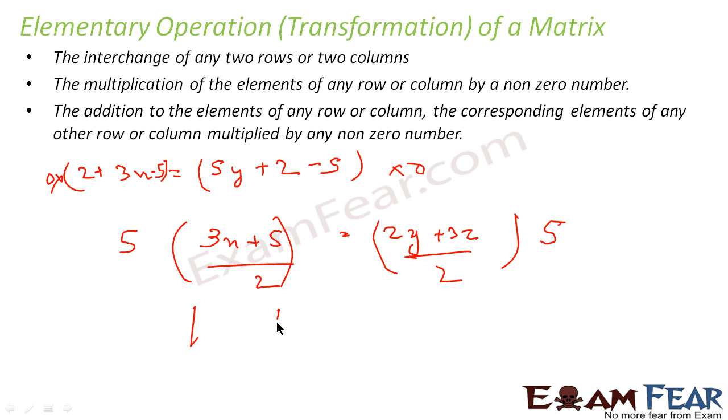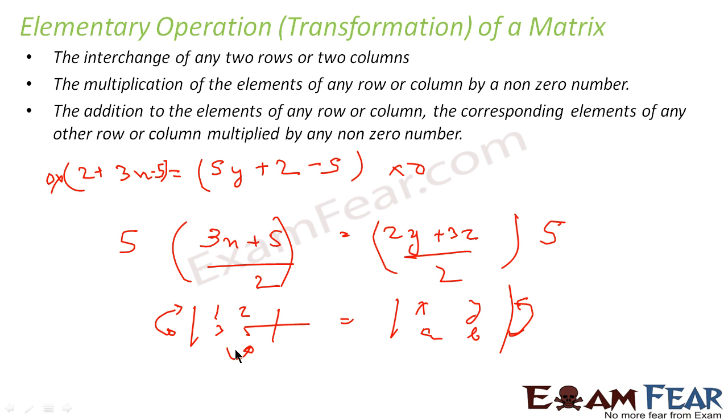Similarly, for matrices, suppose I have a matrix A equal to some other matrix with variables. When I say interchange two rows or two columns, if I interchange two rows here, I can interchange the same two rows on the other side, and the equation will still be valid.